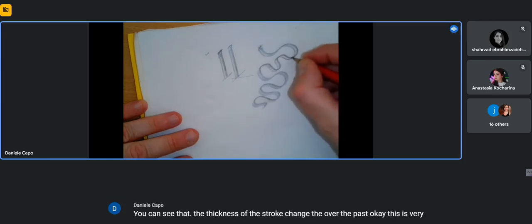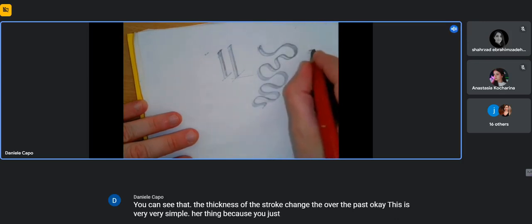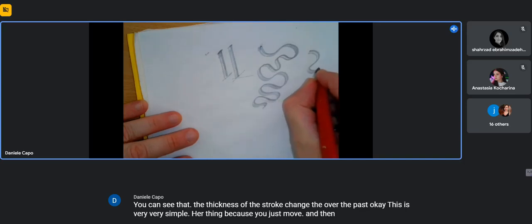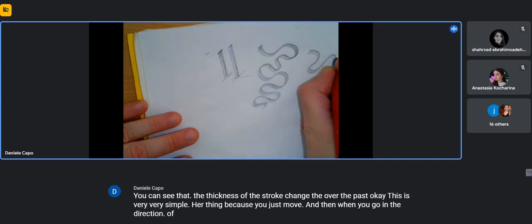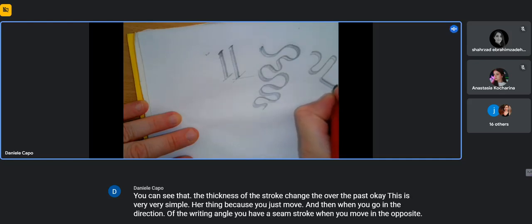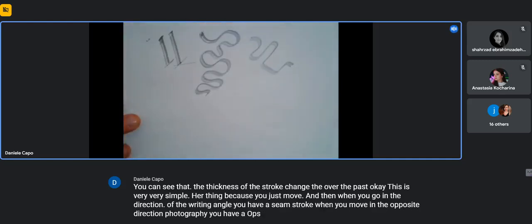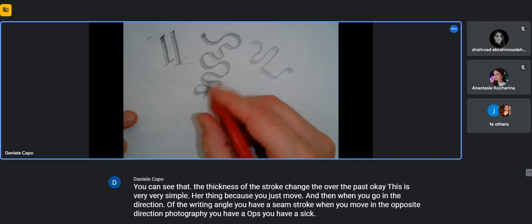This is a very, very simple thing, because you just move, and when you go in the direction of the writing angle, you have a thin stroke. When you move in the opposite, orthogonal direction, you have a thick stroke.